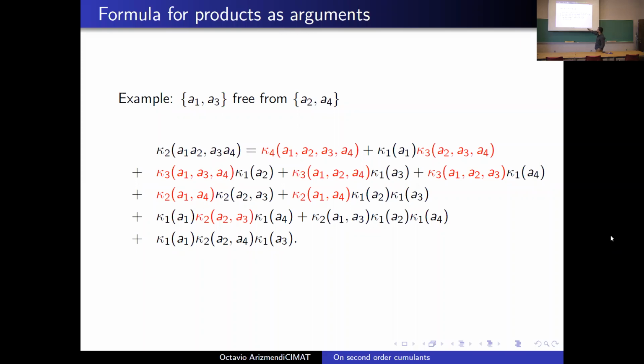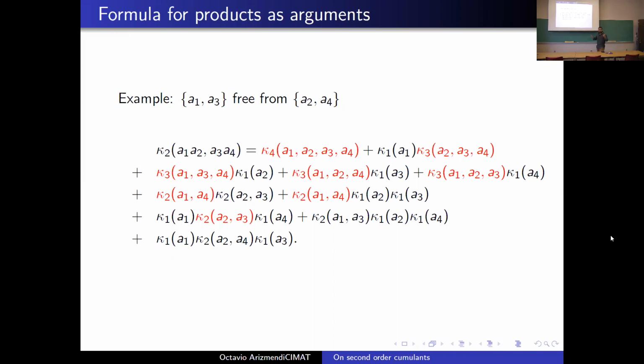This one vanishes because it has, for example, A1 and A3. This vanishes because it has A3 and A4. This vanishes because it has A1 and A4. So at the end, after this big formula, many of them vanish, and we actually have only 2 terms when they are free.